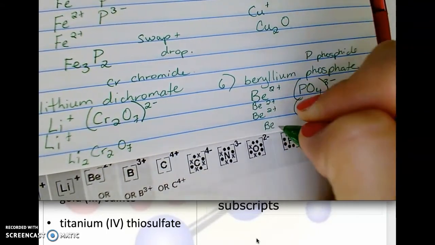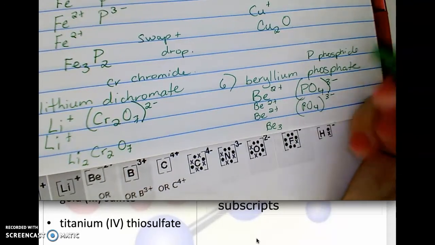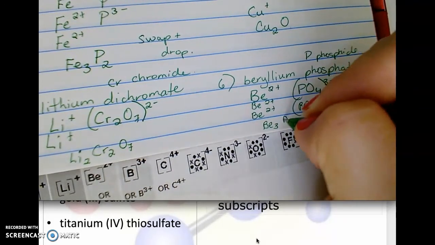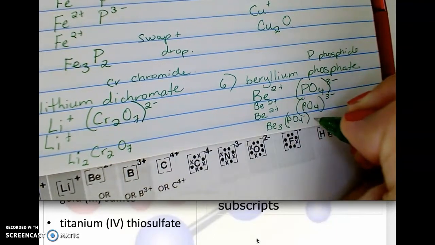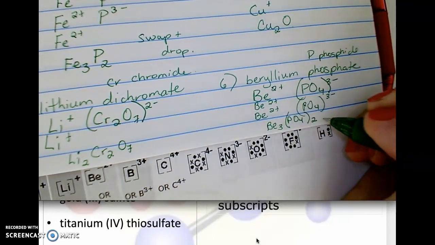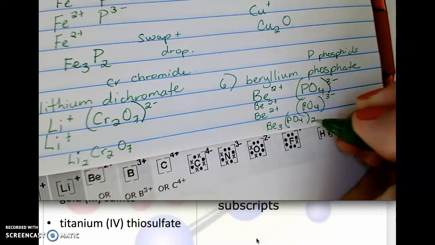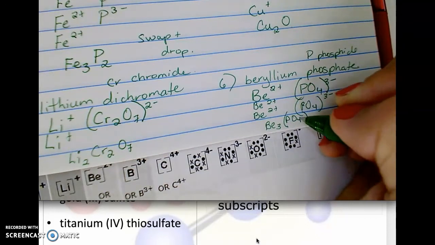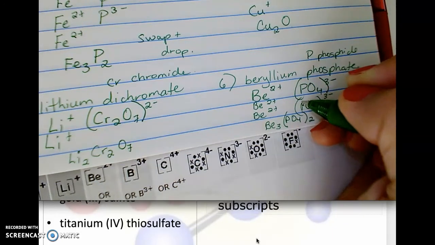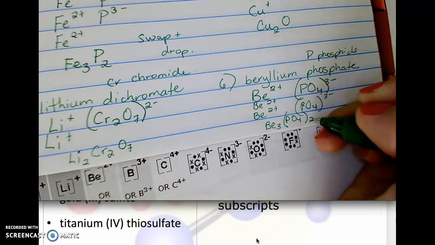Okay, so we had 3 atoms of beryllium and 2 molecules of phosphate. Okay, so you put it in brackets like this so you don't get it messed up when there's 2. Because otherwise you would think it's phosphorus and then there'd be 2 phosphoruses and it just doesn't work. Okay, so you need to keep it in brackets when there's more than 1.